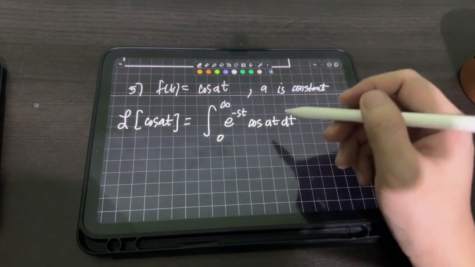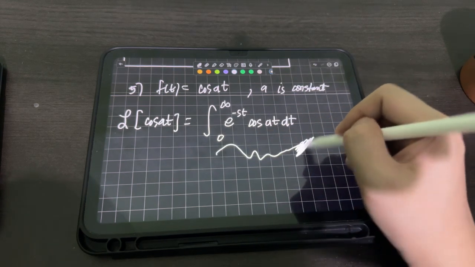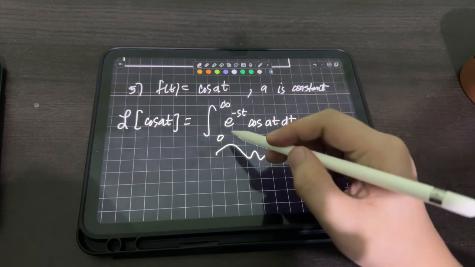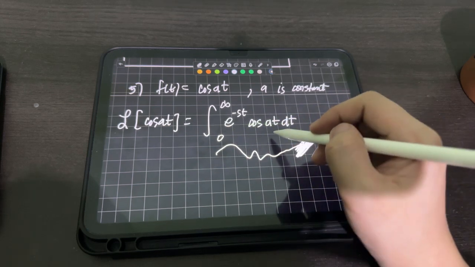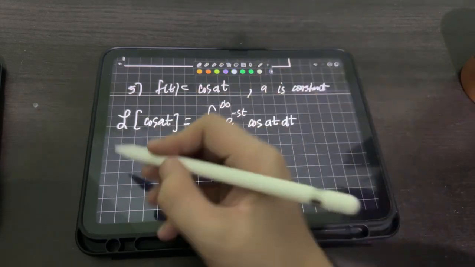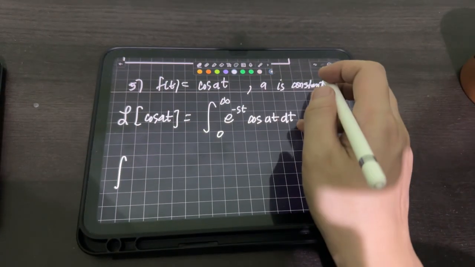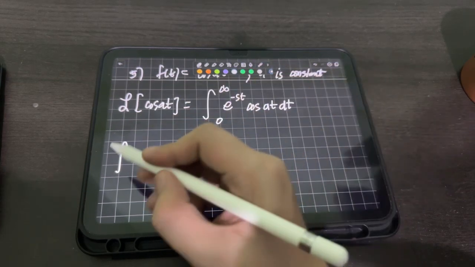Okay, so let's just use the results that we obtained from the previous problem. We already got the integral of e to the negative st cosine at dt, right? On problem number 4. So again, let's consider first the indefinite integral. Let's disregard the lower and upper limit for a moment.